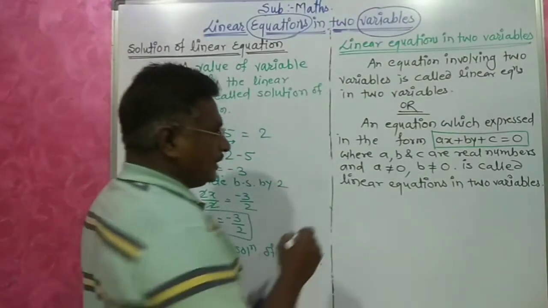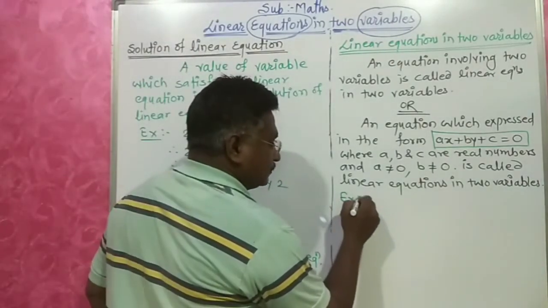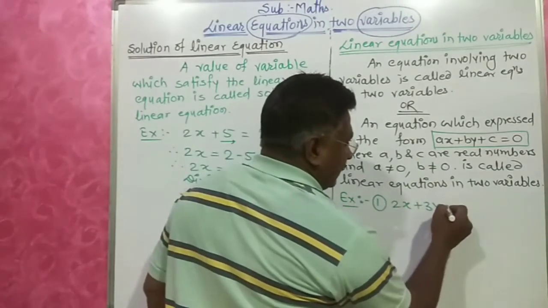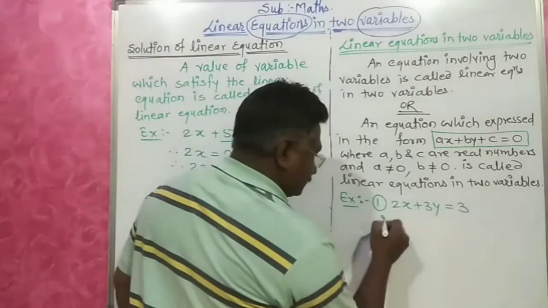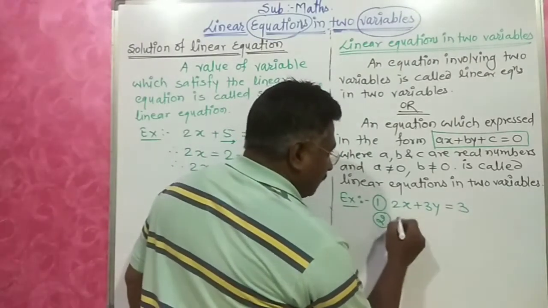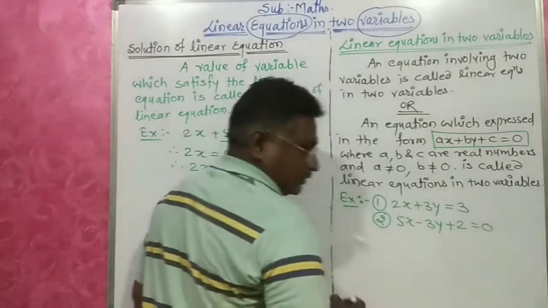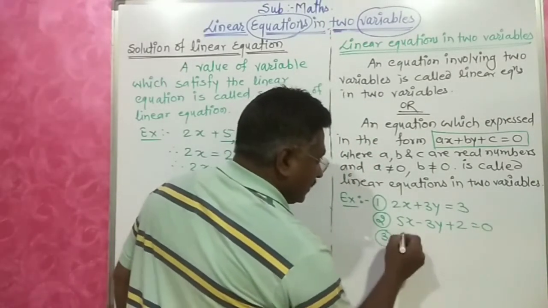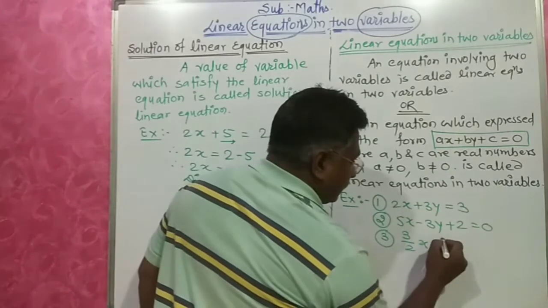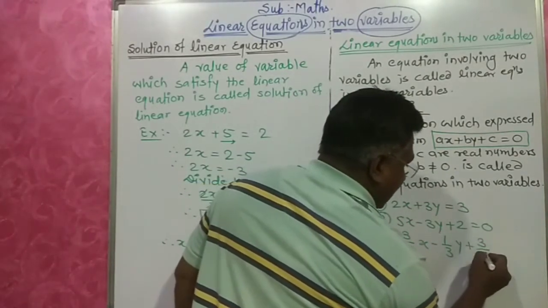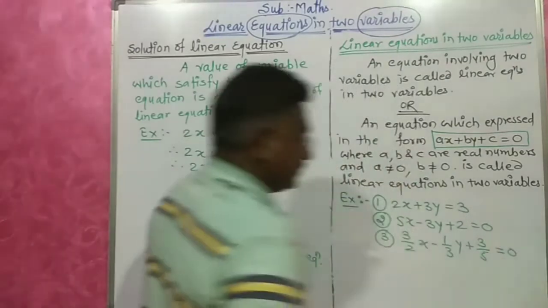So for examples, what will come? 2x + 3y = 3. 5x - 3y + 2 = 0. (3/2)x - (1/3)y + 3/5 = 0.